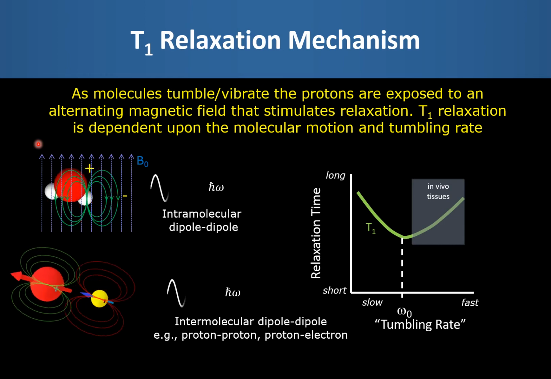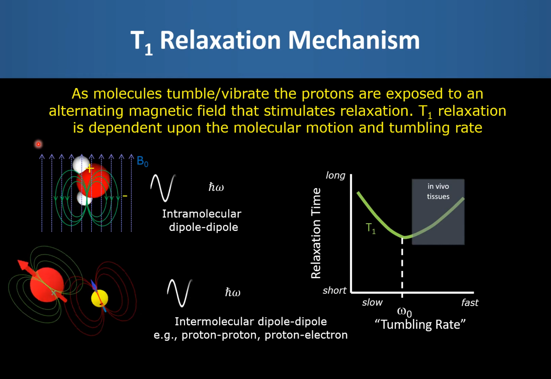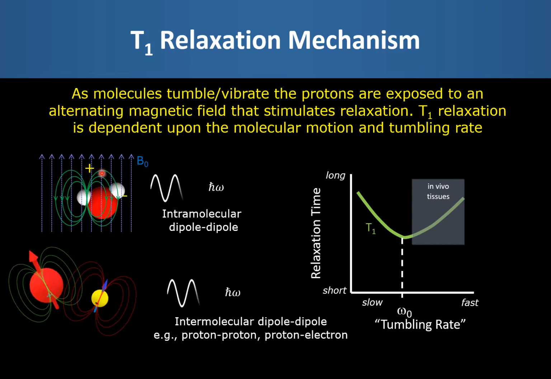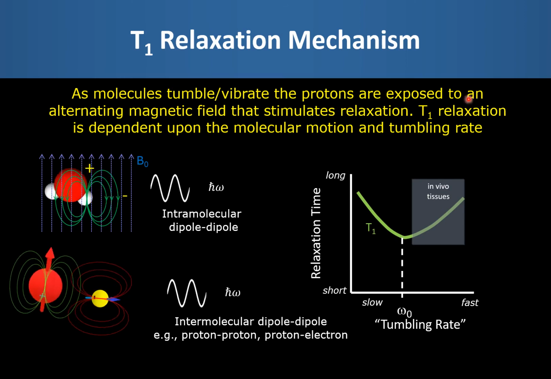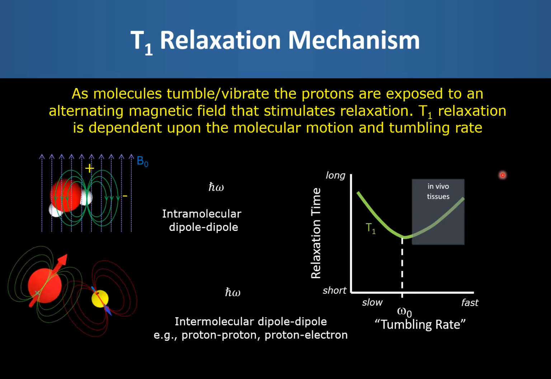Clearly, we've turned off the external RF pulse. So where do we get this alternating magnetic field? Well, this comes from the fact that as molecules tumble or vibrate, the protons are exposed to an alternating magnetic field, and that can then stimulate relaxation.